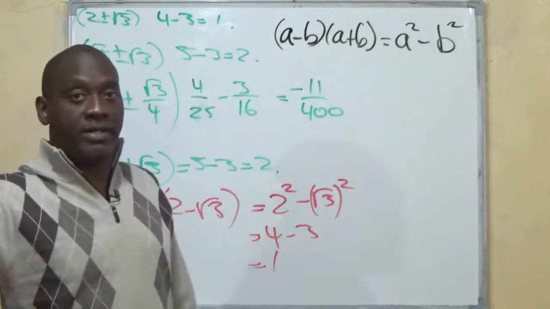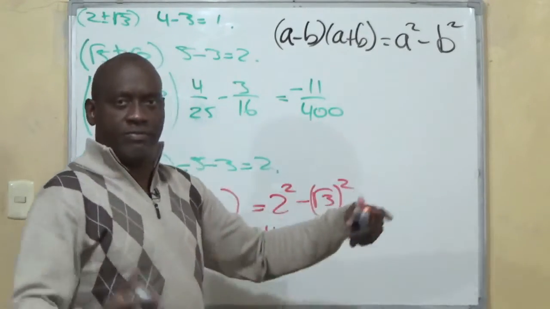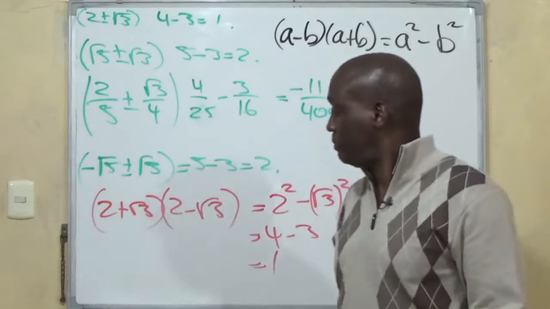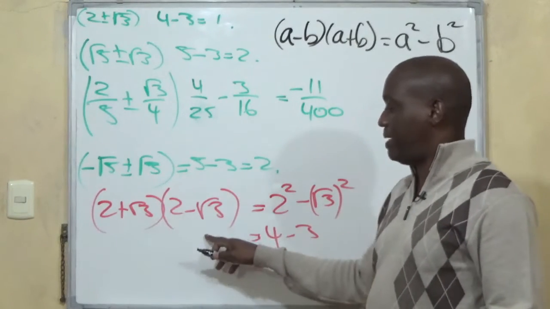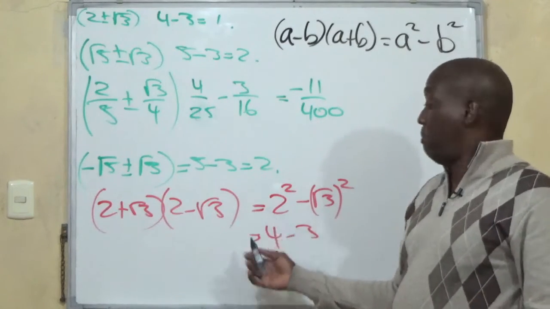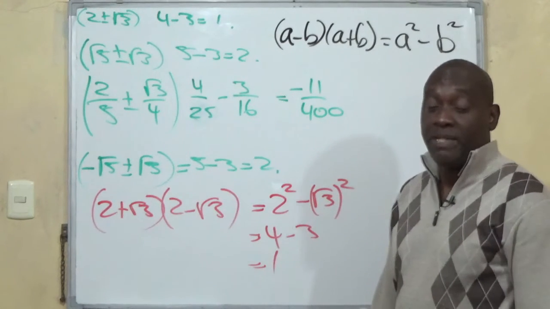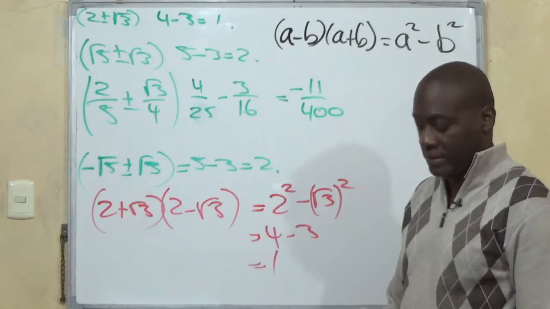You'd have done that some time ago in maths. This is one of the fundamental laws of basic expansions, and we use it when we factorize too. Look right here: a plus b into a minus b is a squared minus b squared. Easy peasy, simple dimple.